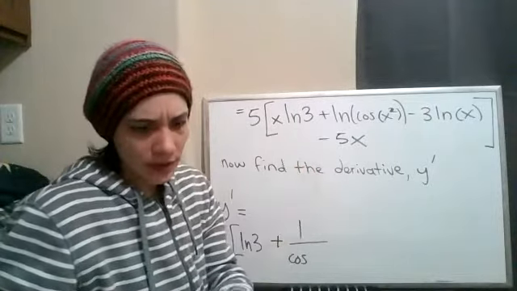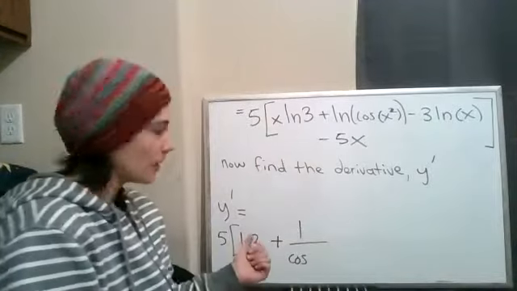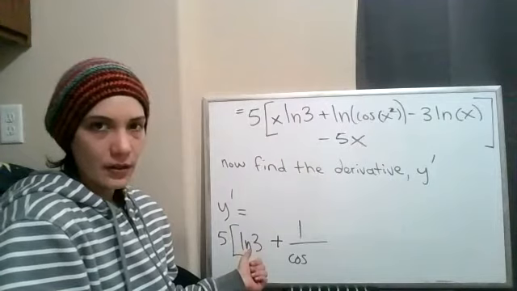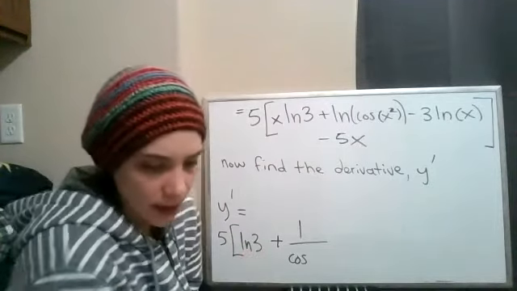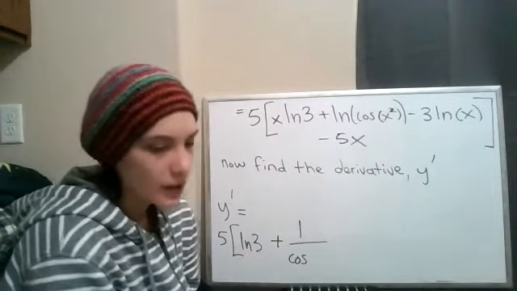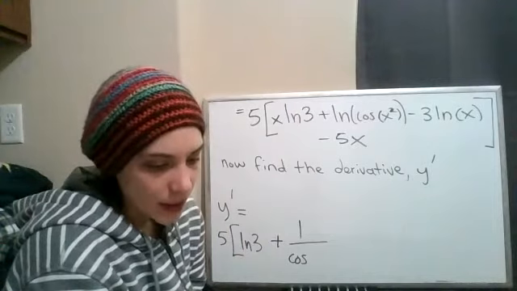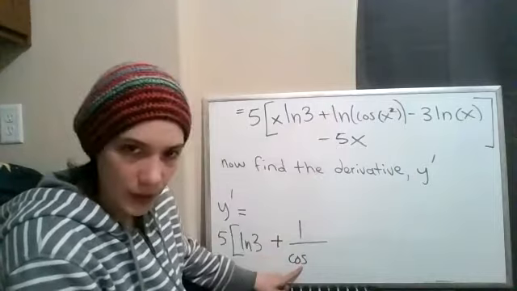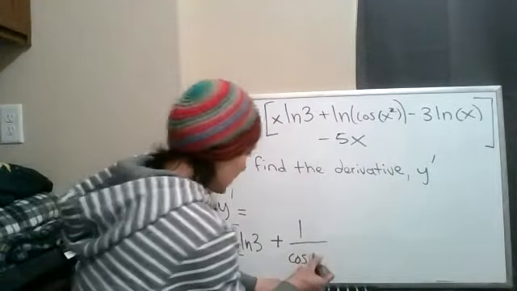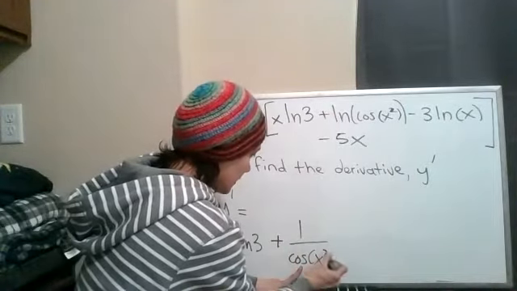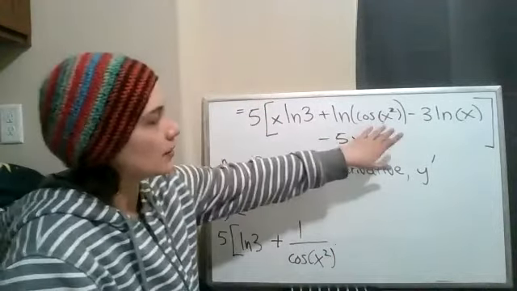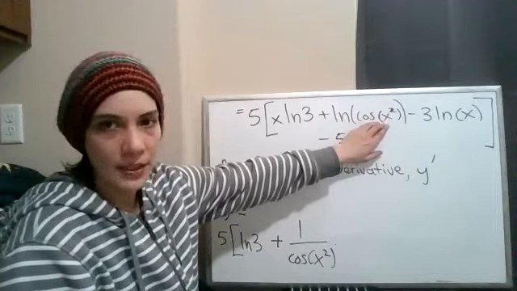All right, let's do the derivative. 5 times ln of 3. That's fine. Okay, now we're at this part. So 1 over cosine of x squared. And it's a chain rule. So take the derivative of its inside function.